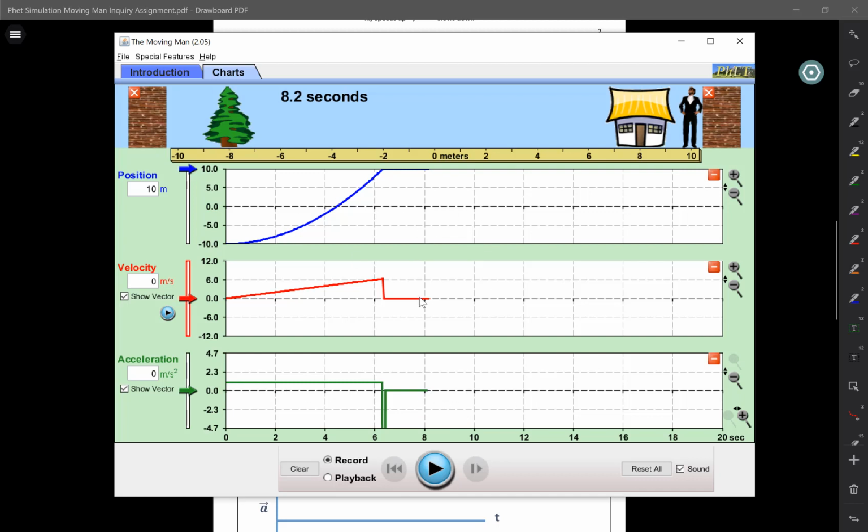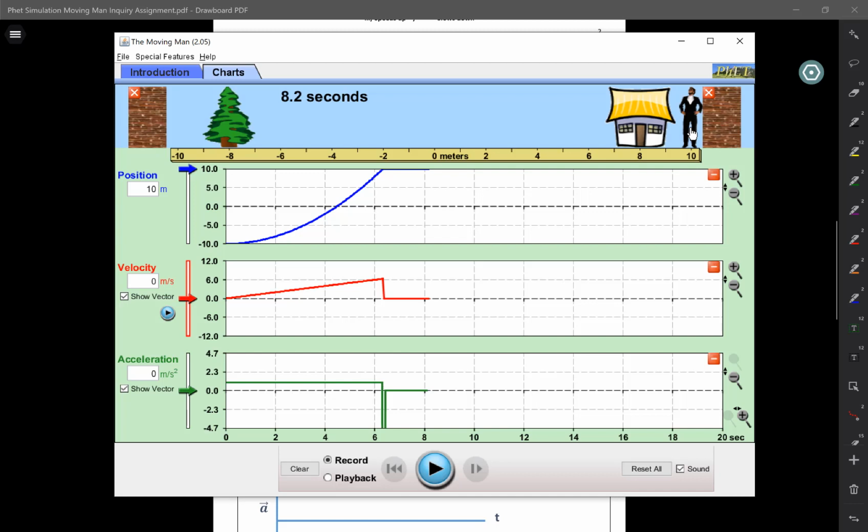Okay, I mentioned this earlier where the moving man's green vector suddenly became negative and was a huge arrow. So if you take a look at this acceleration time graph, notice the graph dips down into the negative values, and we saw before it was a very high value. We can put that into perspective and try to make meaning out of it. If the man hits the wall, what is the wall doing to the man in order for him to stop?